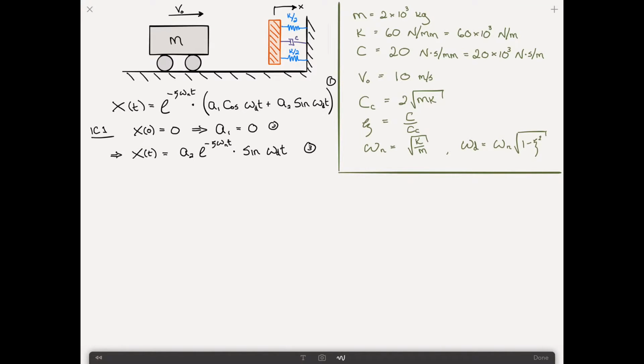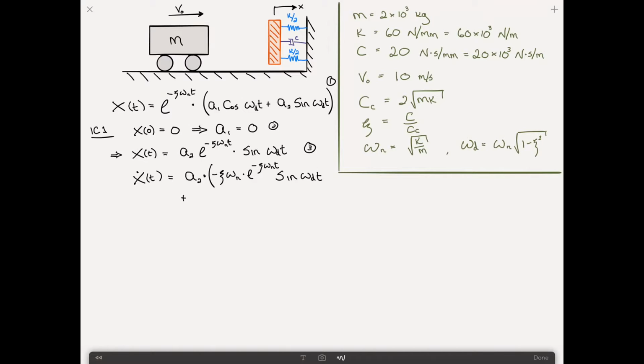If we take the time derivative of this, x dot, we get a2. Now we've got to use the chain rule. So we take the derivative of this times this plus the derivative of this sine times the exponential term. So the derivative of the exponential term is just minus zeta omega n times e to the minus zeta omega n t sine omega d t, plus omega d.